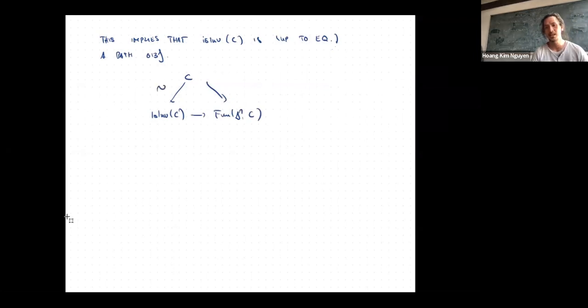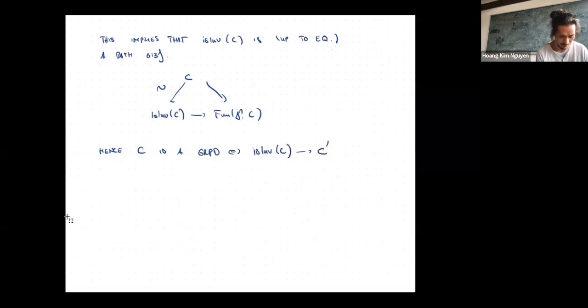This is by assumption an equivalence. So, hence, C is a groupoid if and only if this map is an equivalence.